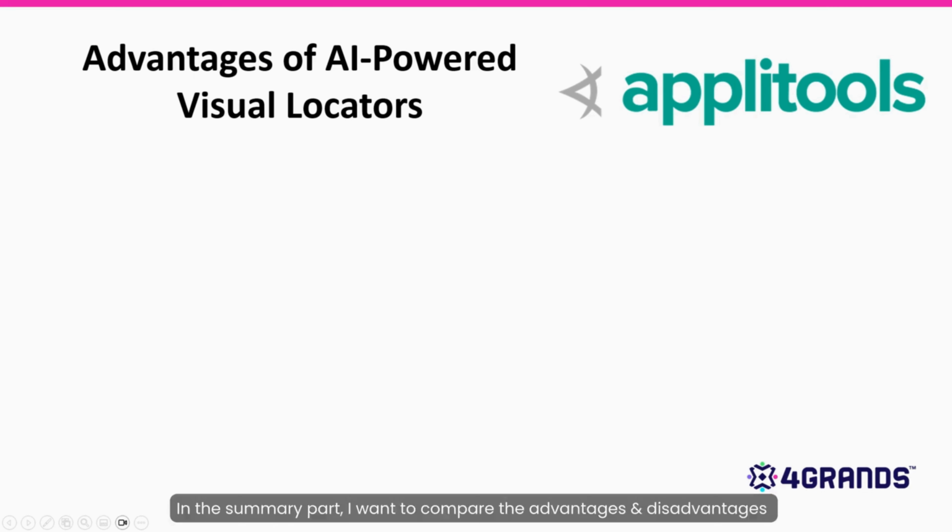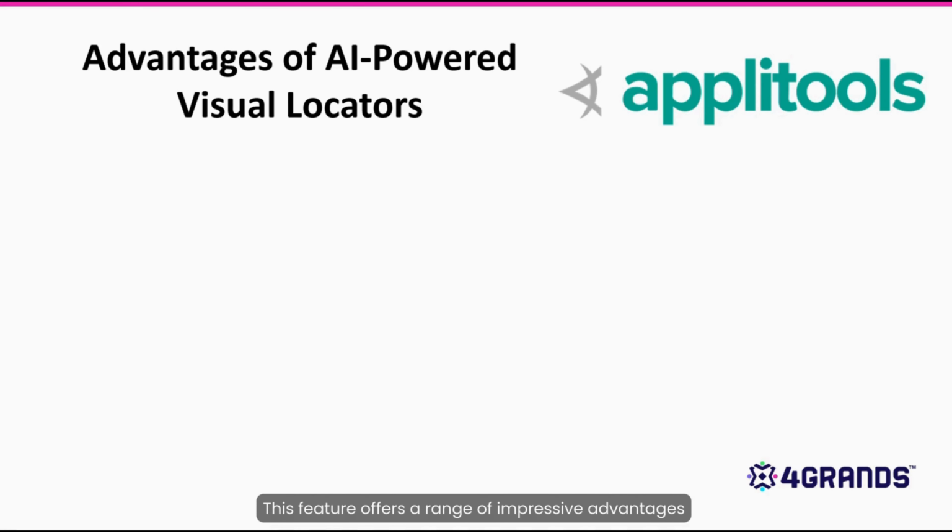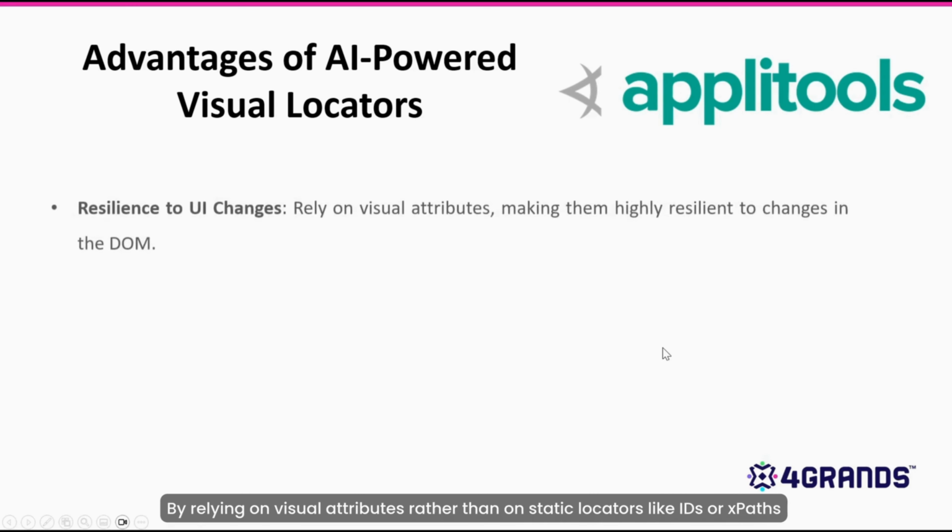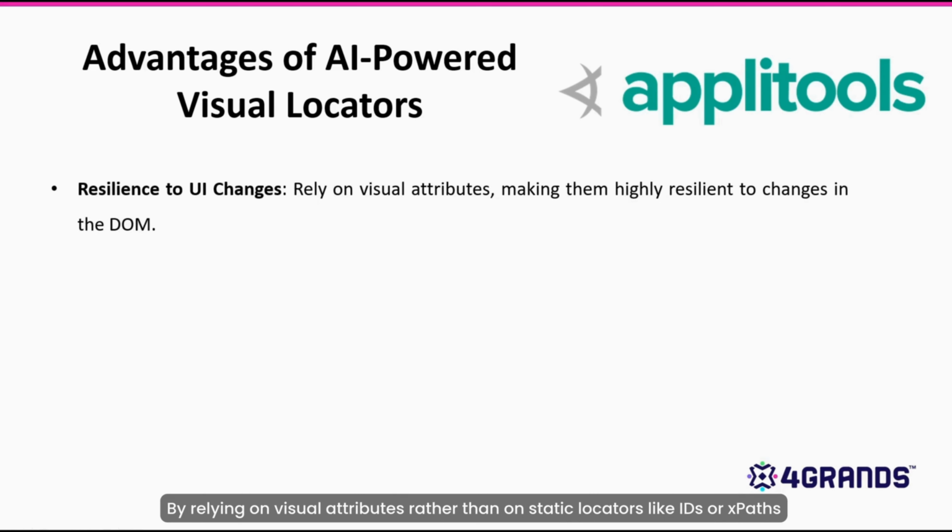In the summary part, I want to compare the advantages and the disadvantages of AI-powered visual locators in Applitools. This feature offers a range of impressive advantages. One of the most significant strengths is the resilience to UI changes. By relying on visual attributes rather than static locators like IDs or XPaths, visual locators can adapt to modifications in the DOM structure.